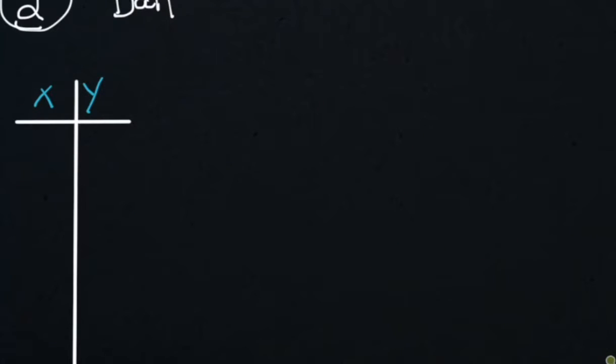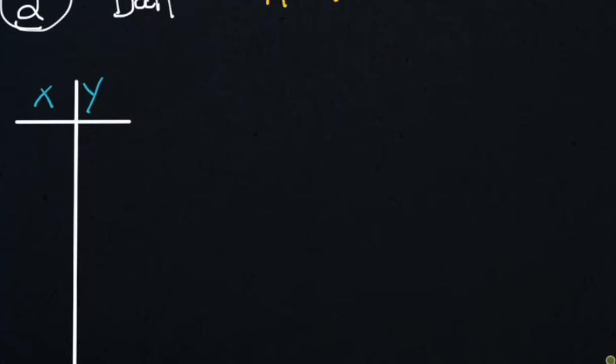Number 2, a ball is dropped from the roof height of 120 feet. So my height is 120, during which period it will strictly be above 56 feet. So I want to know, where is it greater than 56 feet? Okay, well, we got to write the equation, right?